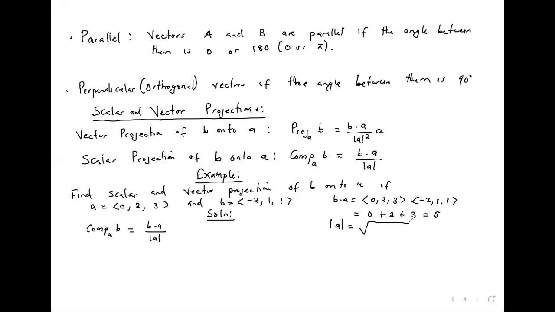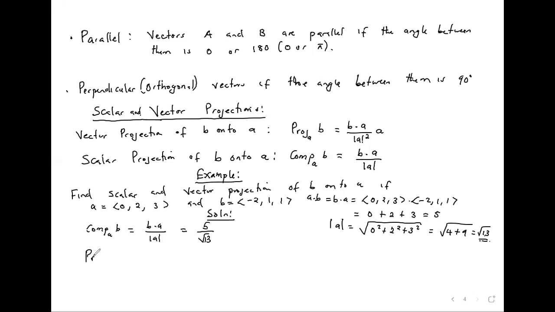So here I've written in the form A dot B. But because they're the same, the order here doesn't matter. So here we have 0 squared, 2 squared, plus 3 squared, giving us 4 plus 9, which is 13. So we come back here and say, okay, it's going to be 5 over the square root of 13.